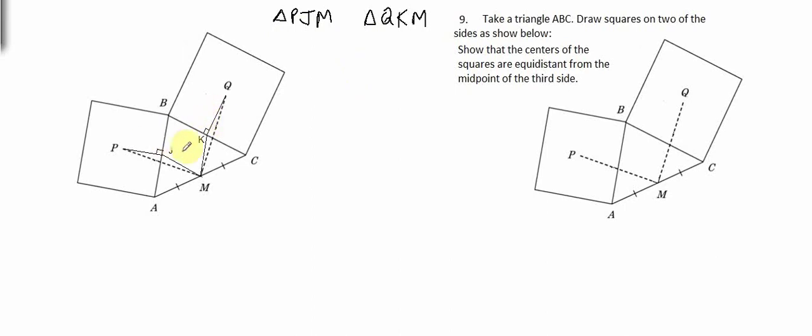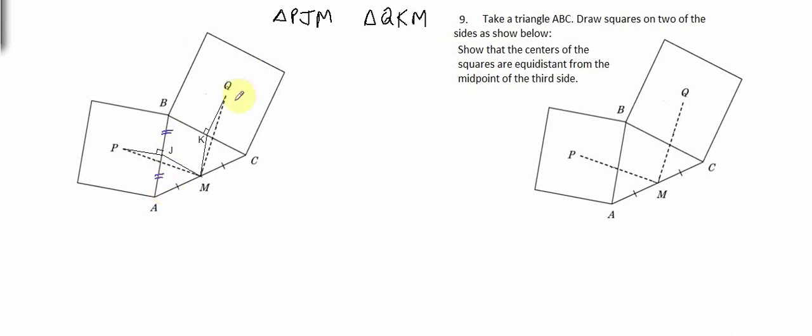From symmetry we can show that point J is the midpoint of BA, that is to say these two are equal.